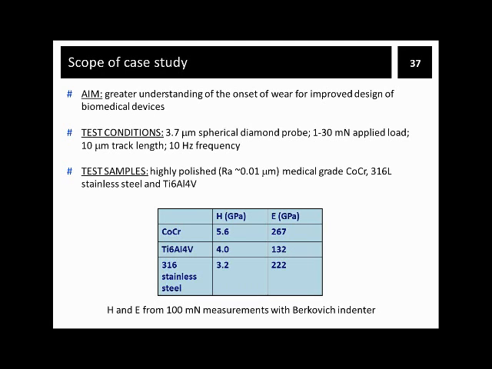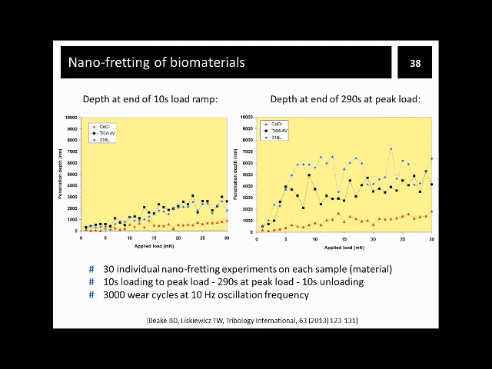I will jump straight to nanofretting results here. The two figures show load dependence through 30 individual nanofretting experiments on each material as a penetration depth. In the first case it is at the end of the 10 seconds loading ramp, and in the second case at the end of 290 seconds peak load, for all applied forces between 1 and 30 millinewtons.